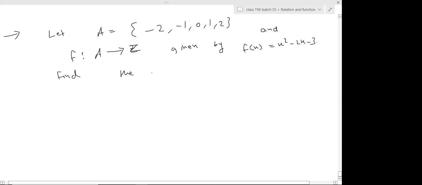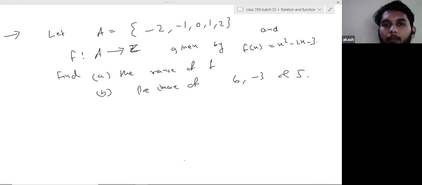Find the range of f. This is the first part. The second part, the pre-image of 6, -3, and 5.